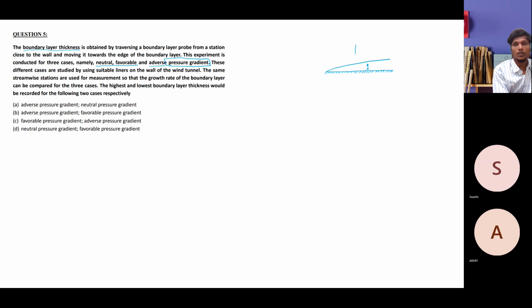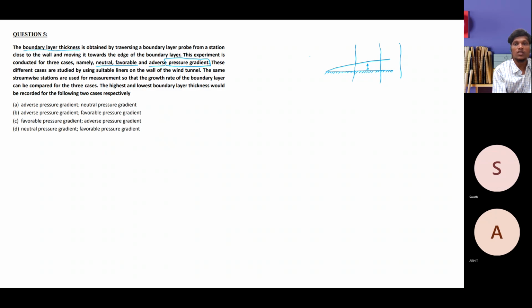You have to predefine vertical lines where you are taking the measurements. The same streamwise locations are also used for measuring, so that the growth of the boundary layer can be compared for these three cases.